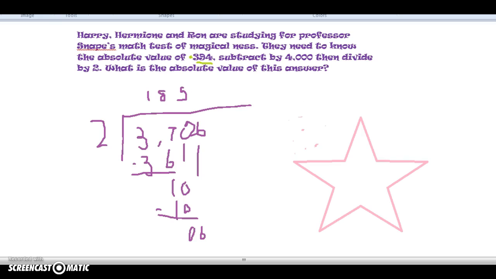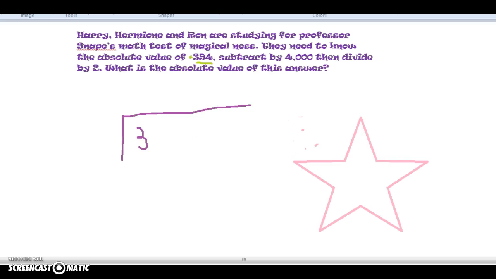Now for our final step, what is the absolute value of this answer? To find the absolute value of this answer, it's the same thing as with negative 394. How many spaces is it away from 0 on the number line? 1,853 is here.